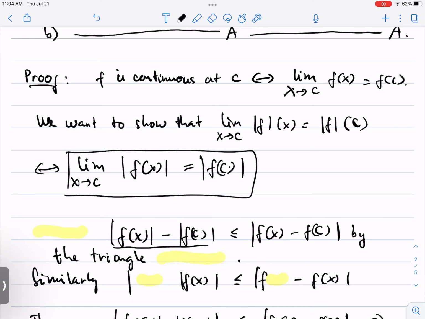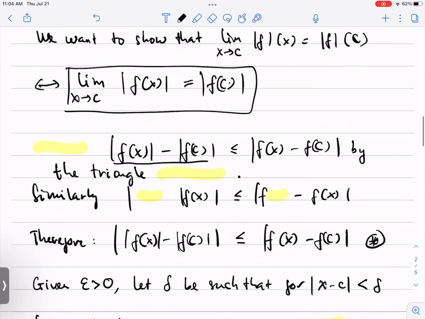And this is equivalent to the limit equation: the limit when x approaches c of the absolute value of f of x equals the absolute value of f of c.